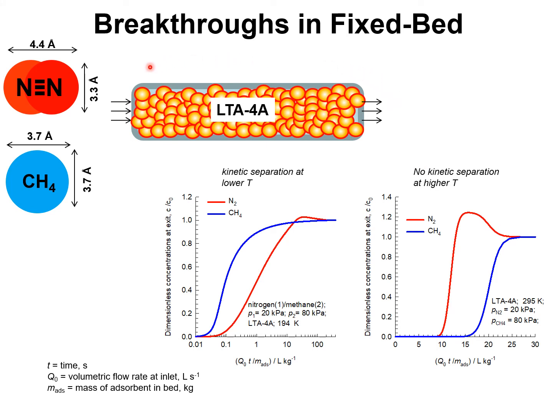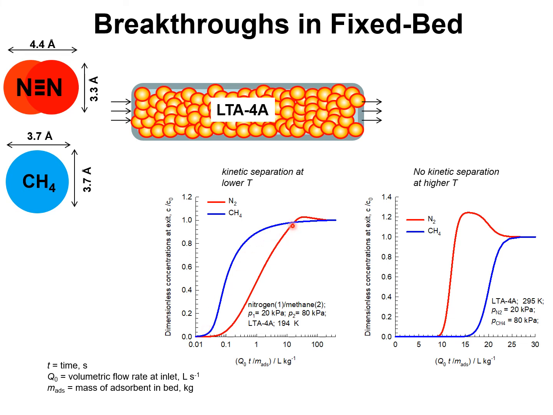The results of the simulations of breakthroughs for 20/80 mixtures of nitrogen and methane at a total pressure of 100 kilopascals are shown here for a temperature of 194 Kelvin, corresponding to the temperature used in the Habgood uptake experiments.